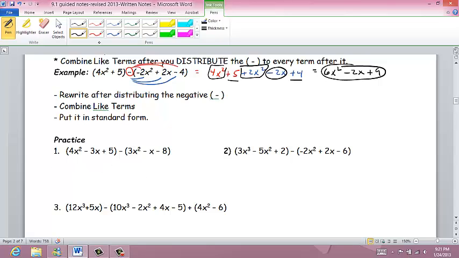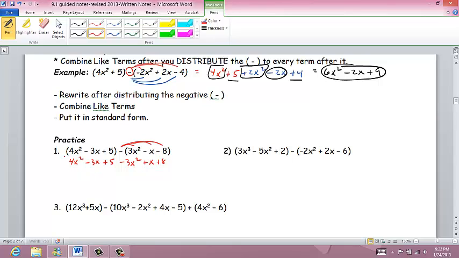So this example here, we will go ahead and distribute the negative, so we end up with 4x squared minus 3x plus 5. This positive 3x squared will become negative 3x squared. This negative x, a negative times a negative is a positive x. Here you have a negative and a negative 8 makes a positive 8.